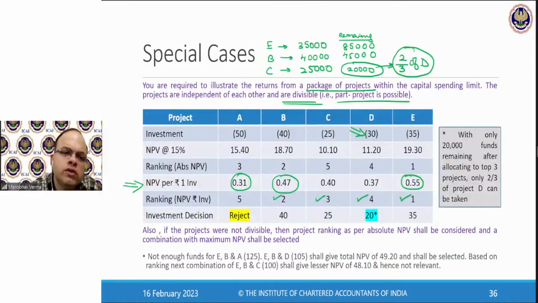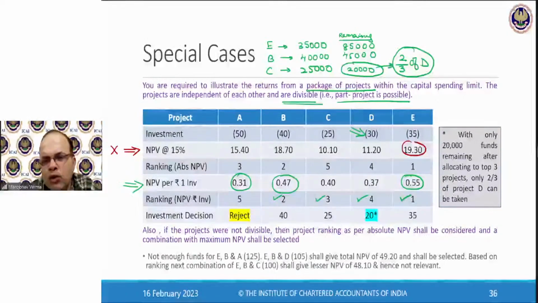So what is the highest NPV? It's coincidentally again project E. Second is again B, it seems. But the third ranking is different here. Otherwise it was C in the earlier case, but now I can see it's A here.